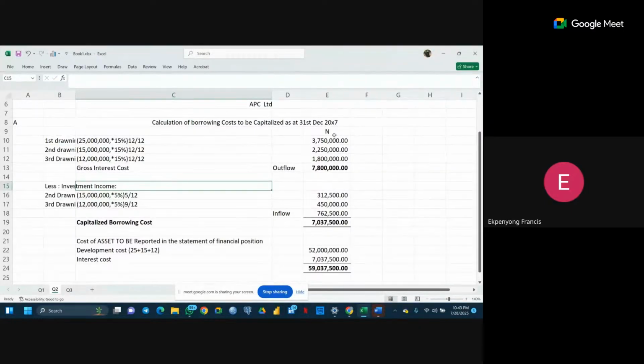Yes, sir. Now, from this question, it shows that only 52 million is being spent on qualifying capital expenditure. You agree with me on that too? Yes, sir. Now, this 7.8 million is the interest we are going to pay on this 52 million that we borrowed, that we used on qualifying capital expenditure. You agree with me with that too? Yes, sir.